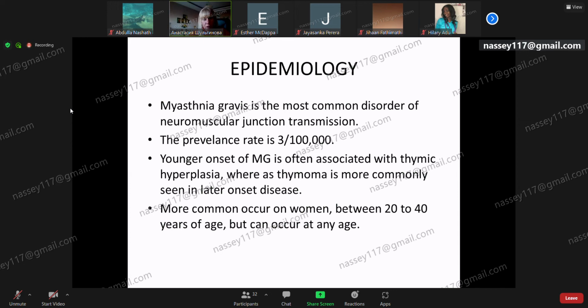In our classes today, we said that this is secondary myasthenia gravis, and usually the result of this thymoma, a tumor, oncological changes in the mediastinum, and this is secondary myasthenia gravis like Lambert-Eaton syndrome. It more commonly occurs in women between 20 and 40 years.